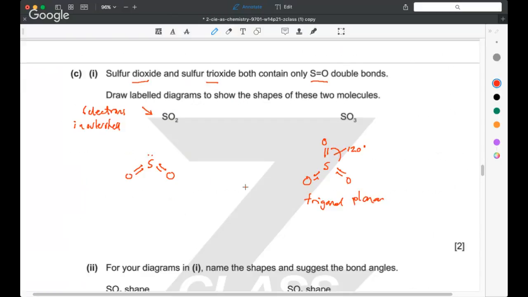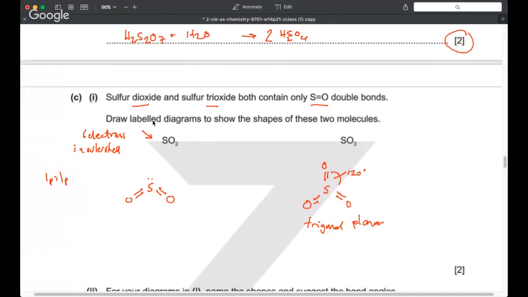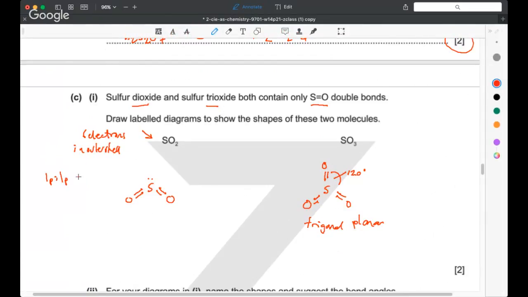But you know from your electron pair repulsion theory that lone pair bond pair repulsion is stronger than bond pair repulsion.